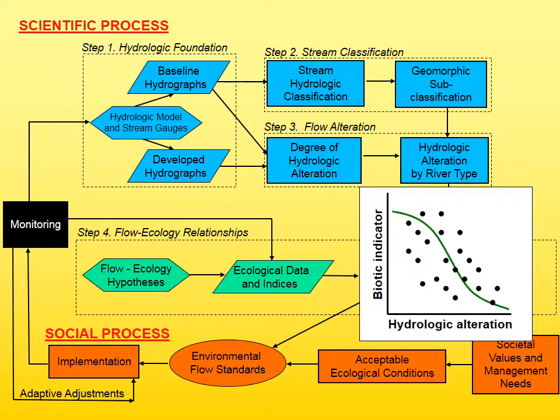And because we're dealing with multiple rivers within any one flow type, we have multiple sources of data within a flow type. So we're able to generate potentially stronger relationships where we have a gradient of ecological response to a gradient of flow alteration.